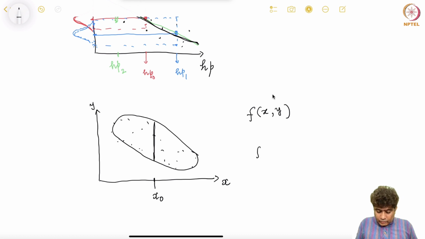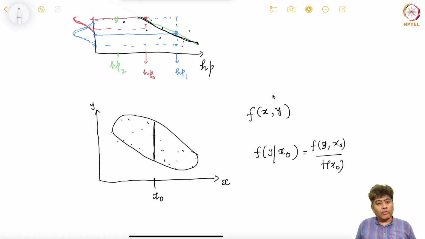That will be the distribution of y given x equal to x naught. So this is the conditional distribution that we are thinking of. We can think of this as f of y comma x naught divided by f of x naught.